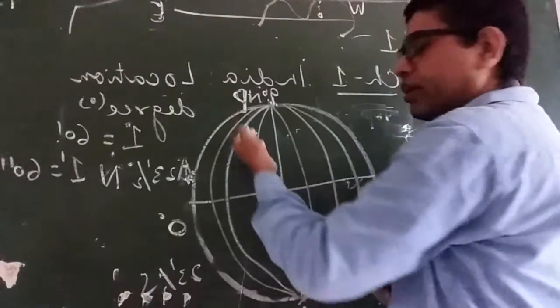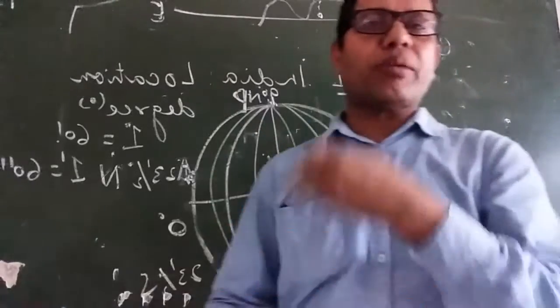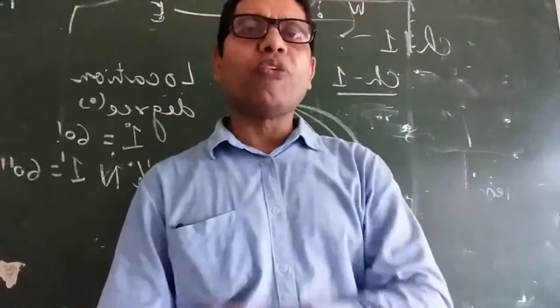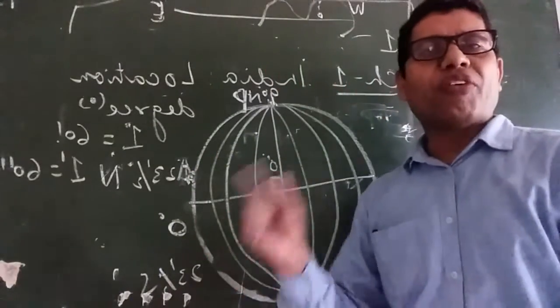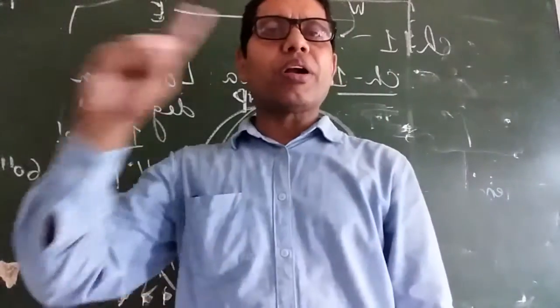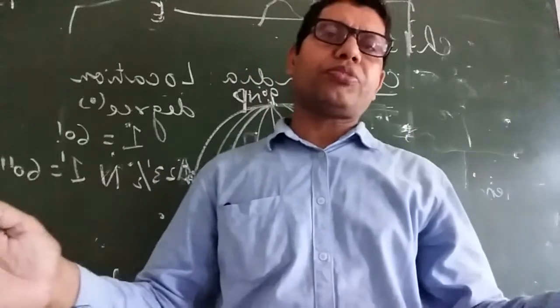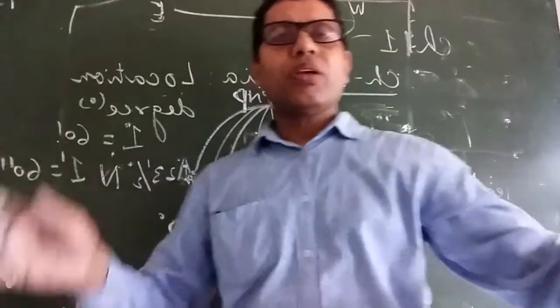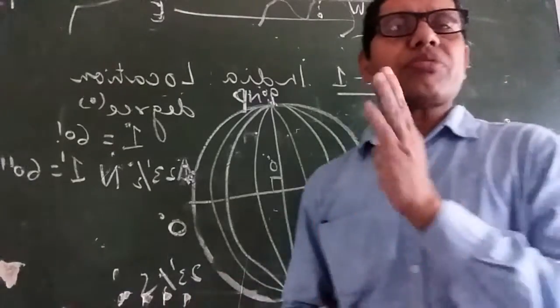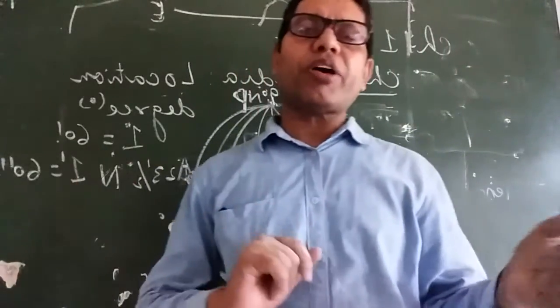Now the opposite semicircle will be of 180 degree, and both of them will form a circle, and that will divide the earth into two equal halves: eastern half and western half. We can say eastern hemisphere and western hemisphere.